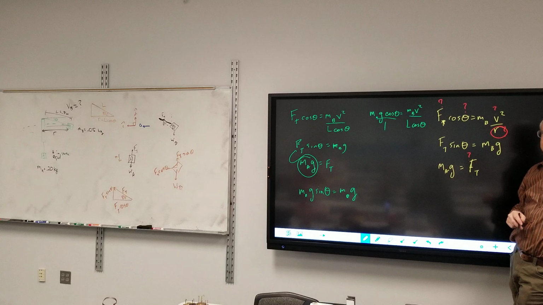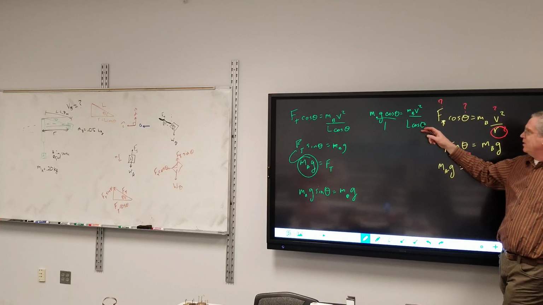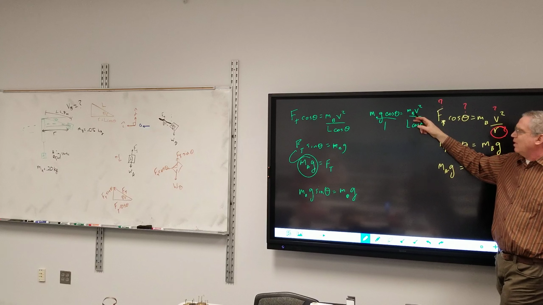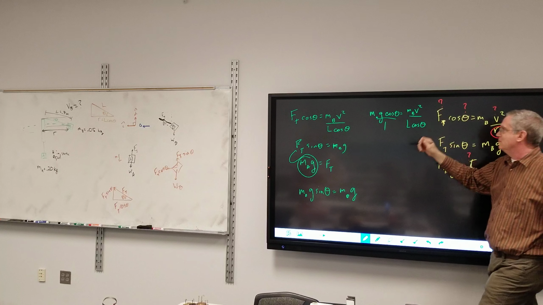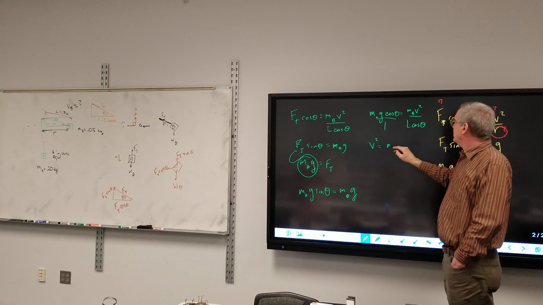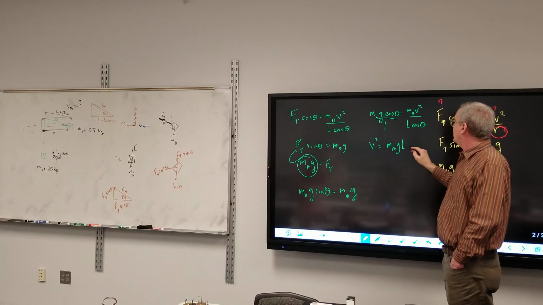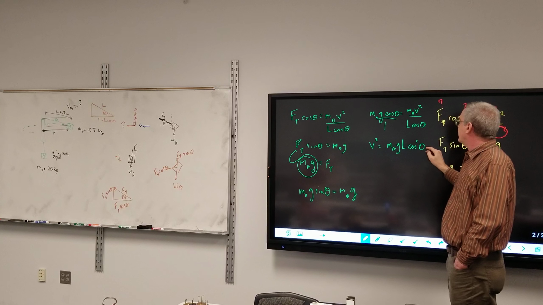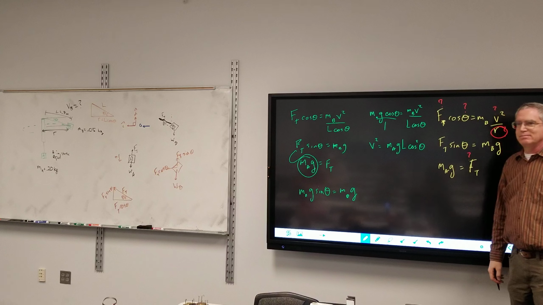Multiply each side by mb over cosine theta, to get v L by itself? Yes. So v squared equals mag L cosine squared theta. That work better?